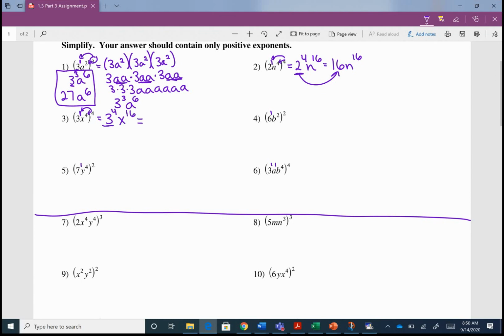I know it's been a little bit since we put those in the calculator, but remember that means 3 times 3 times 3 times 3. So it's not 12. It is, what do we come up with there? Is that 81? Yeah. 81. And then the x to the 16th, I can't do anything else with that. I can't put x to the 16th in the calculator and come up with a number.